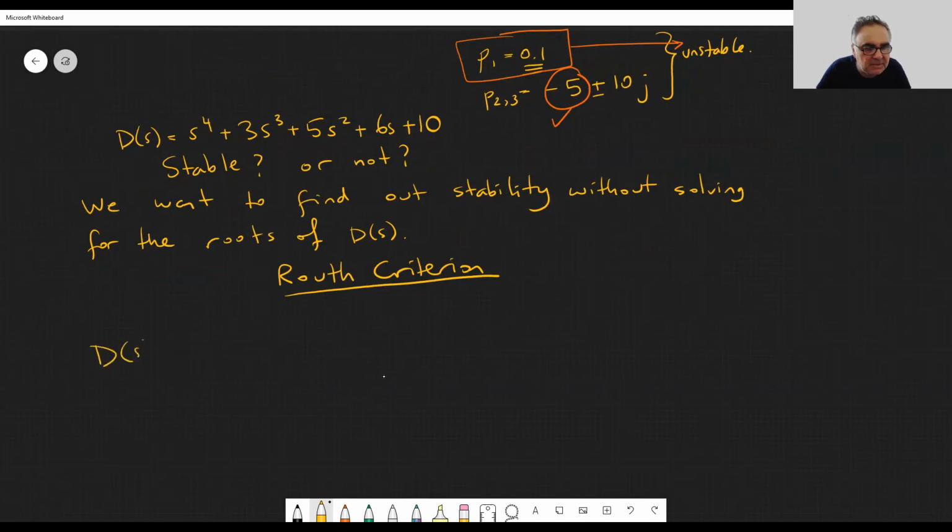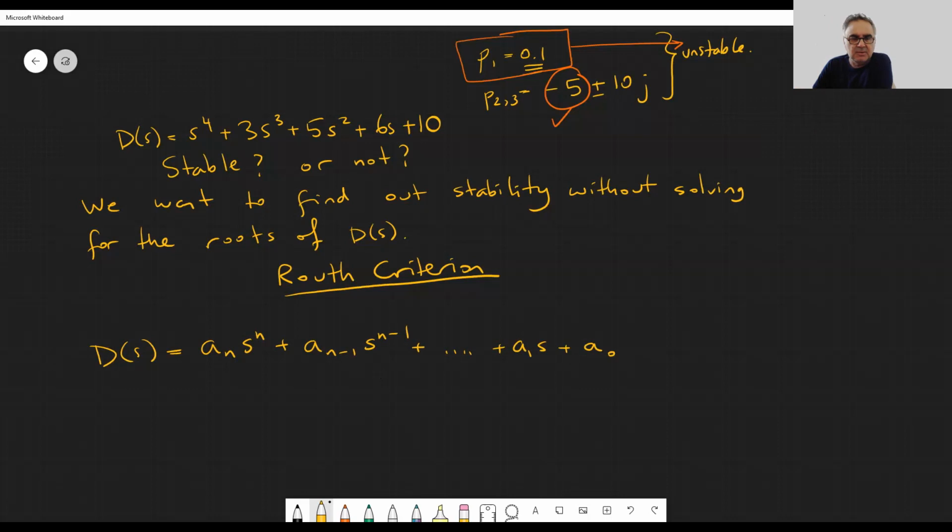So if you have a D of S, I have included a coefficient for A, and usually we take it to be 0.